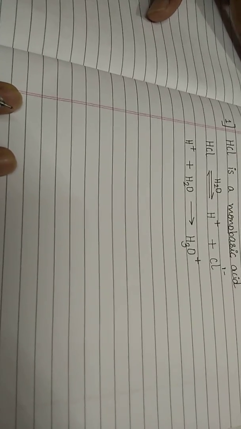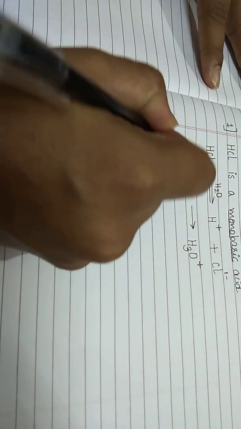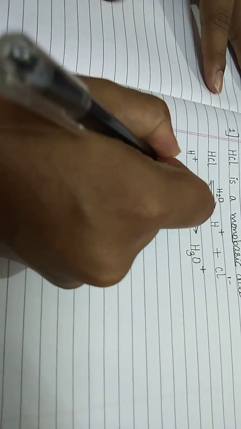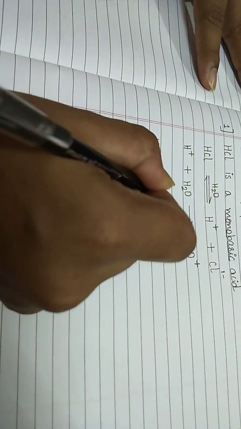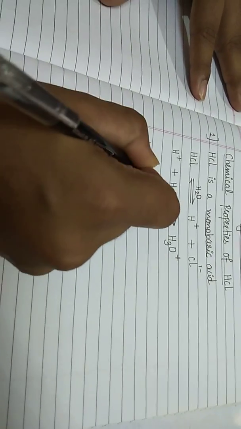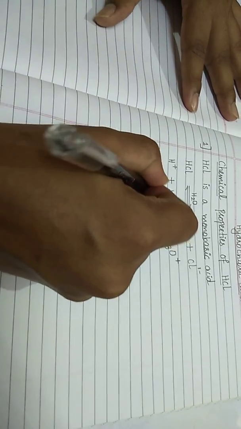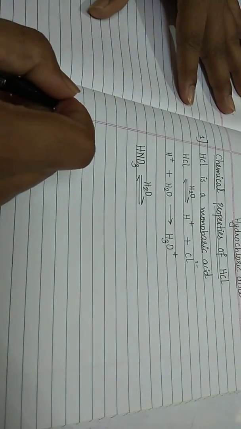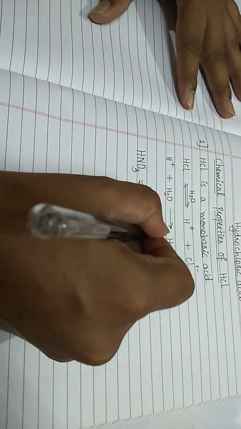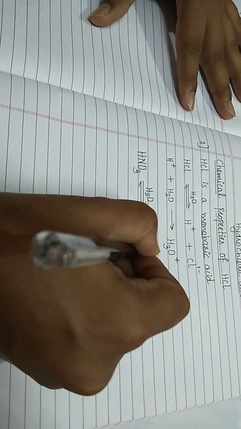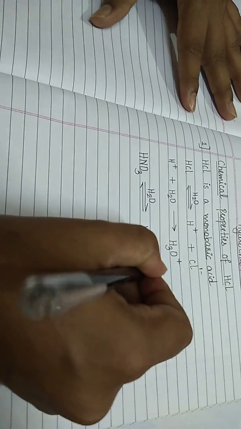Now let us understand some other examples of monobasic acid. Nitric acid. Nitric acid is also a monobasic acid, because when nitric acid is dissolved in water, one molecule of nitric acid will produce just one hydrogen ion per molecule.